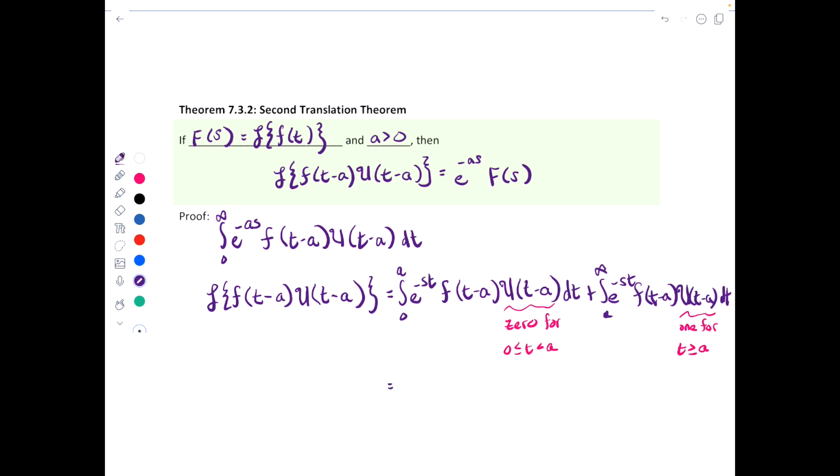We'll end up getting the integral going from a to infinity, because this first one zeroes out, and this portion is 1, so we'll just get e to the negative st times f at t minus a dt.